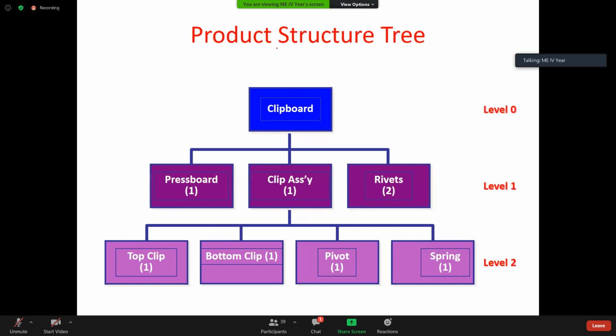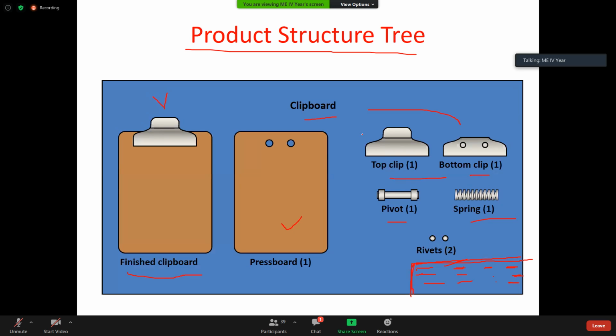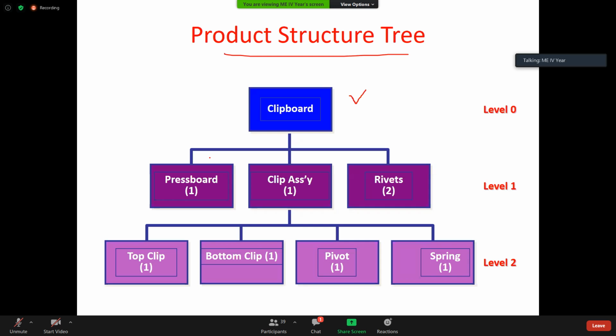But the product tree goes like this. Level 0: in level 0, you can see the clipboard. I'm considering only this one. So there is a press board, clipboard, assembly, rivets. These are assembly parts, and these are again sub-assembly parts.